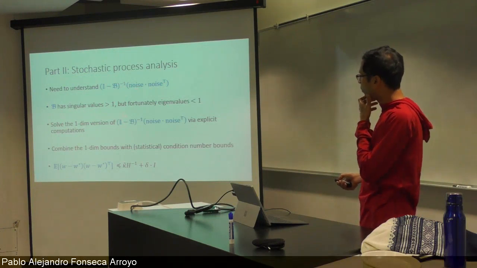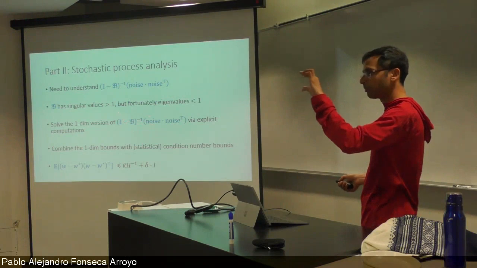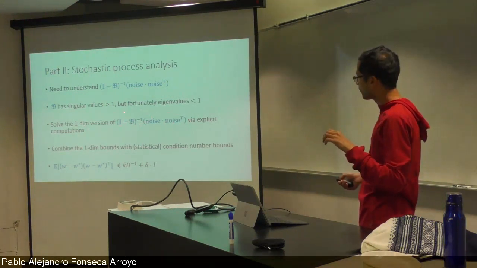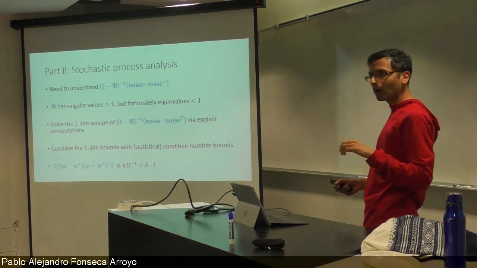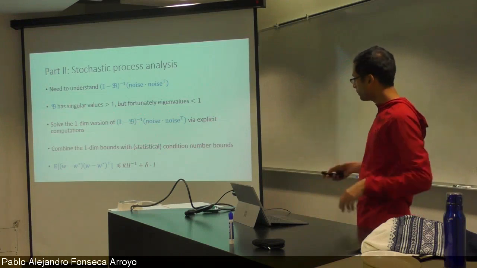The way we overcome this is to actually solve one-dimensional versions of this problem. So you have small 4x4 kind of problems. Then you solve this in each dimension, and then you use the condition number bound and statistical condition number bound to combine the various dimensions that you have solved into a single thing.